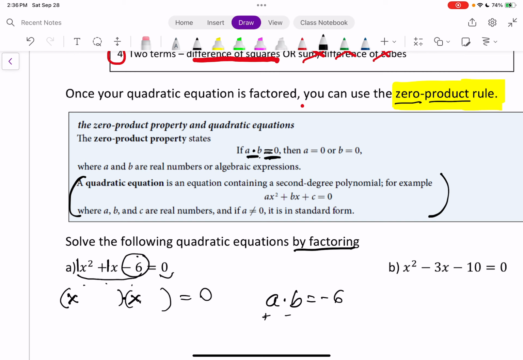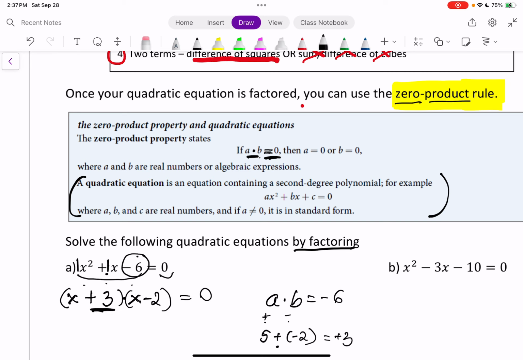And whenever you add a positive number to a negative number, you actually subtract them. So the answer to a +5 added to a -2 is a +3. You actually subtract the numbers and you keep the sign of the larger number. So our question really becomes, which 2 numbers that multiply to 6 subtract to equal 1? And those numbers are 3 and 2, a positive 3 and a negative 2.